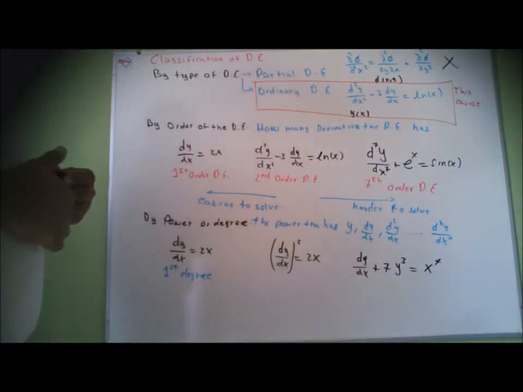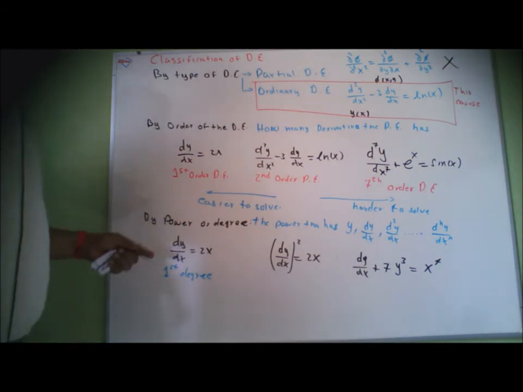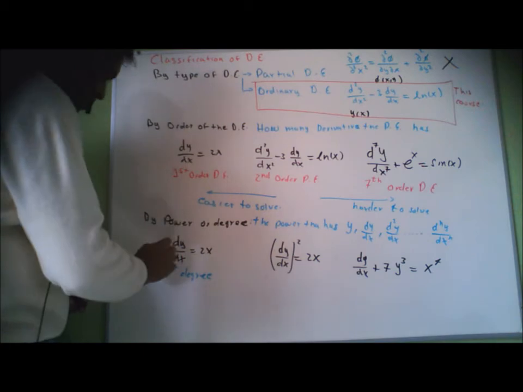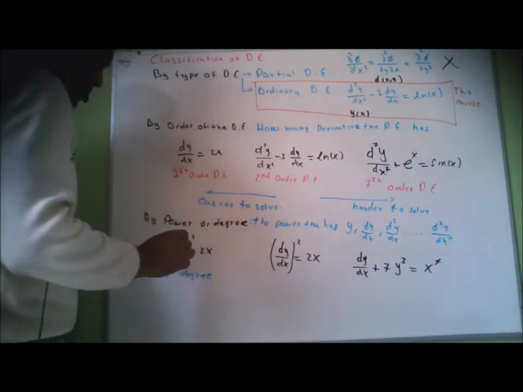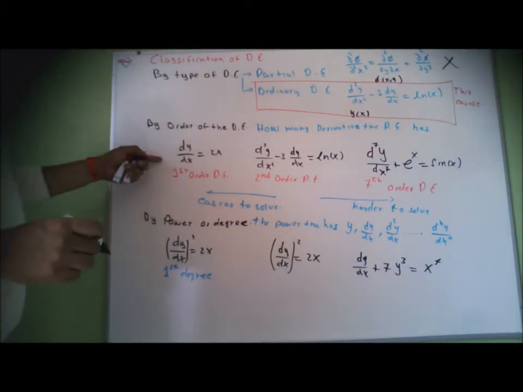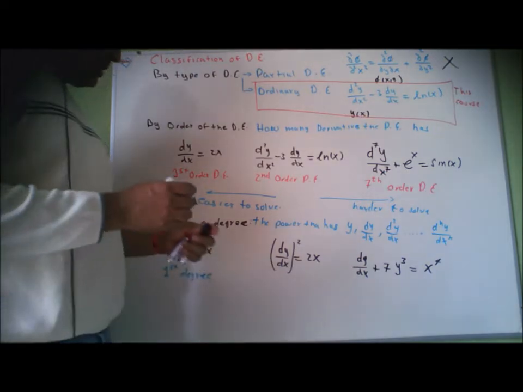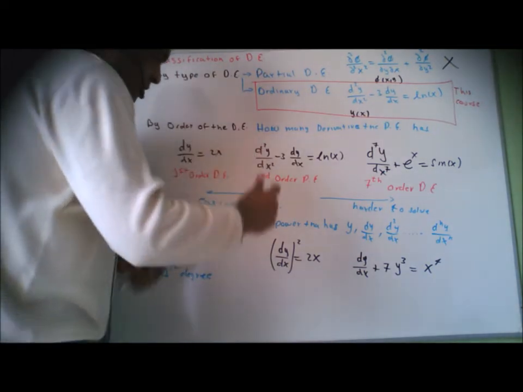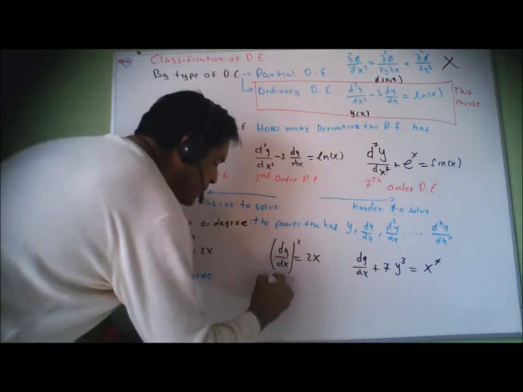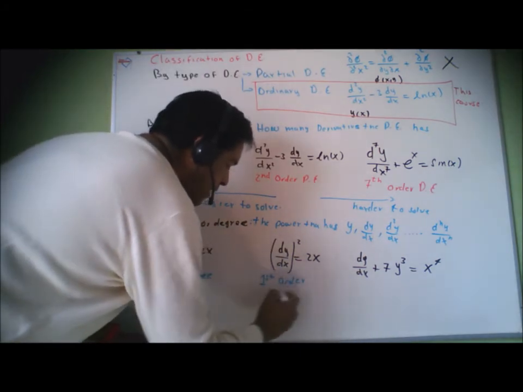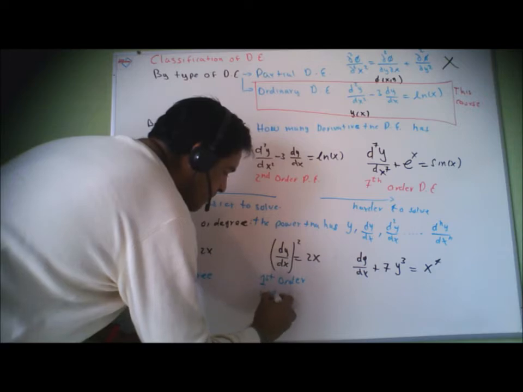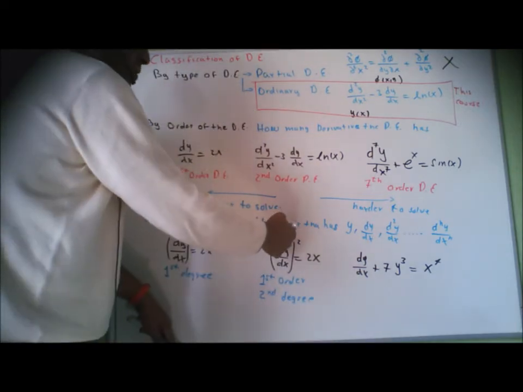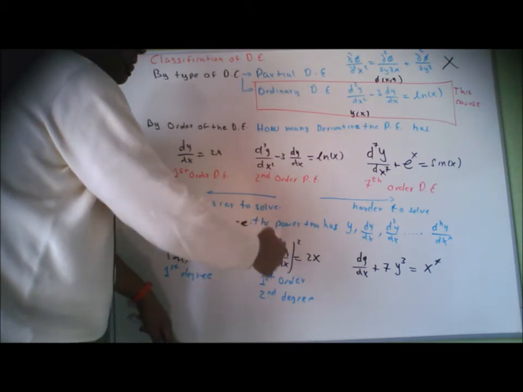Those are three examples. The first one is very easy, first degree, because the derivative of y has power 1, and it is also first order. This second example is first order, but it is also second degree, and the degree is given by the square on the derivative of y with respect to x.